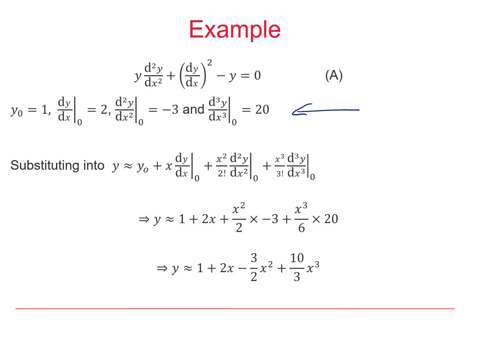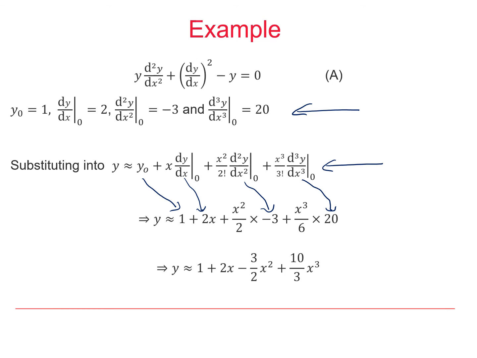We now have all the values that we need to substitute into our Taylor series. So y0 is 1, dy by dx at x equals 0 is 2, d2y by dx squared at x equals 0 is -3, and d3y by dx cubed at x equals 0 was 20.